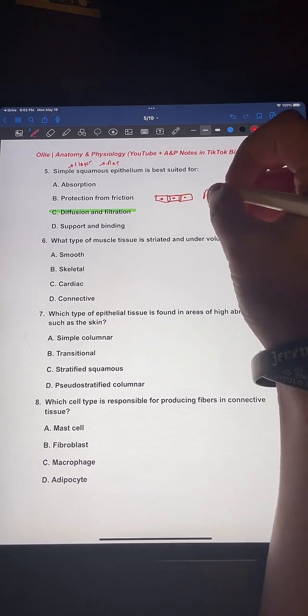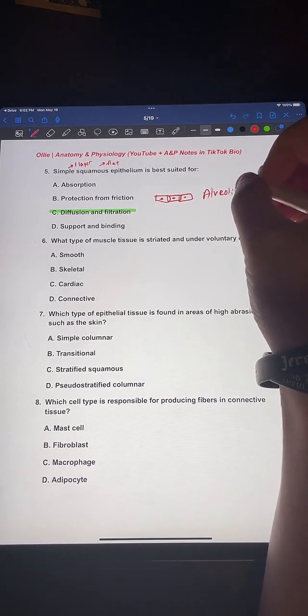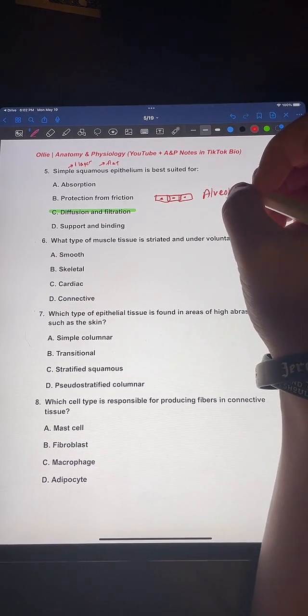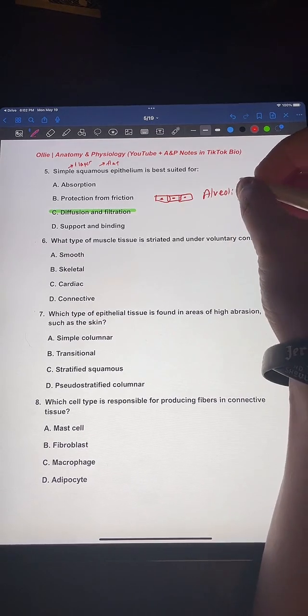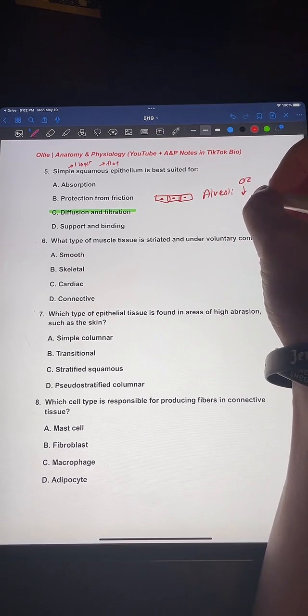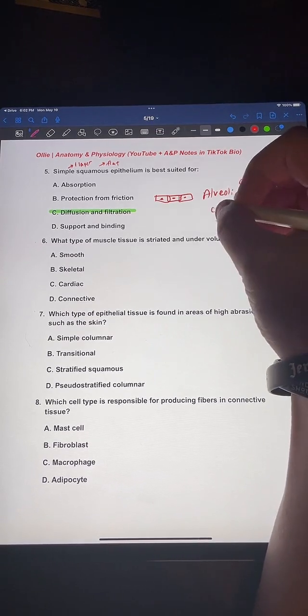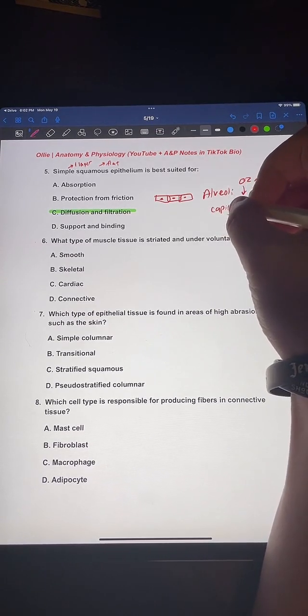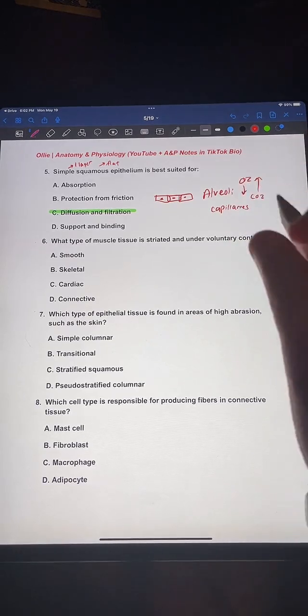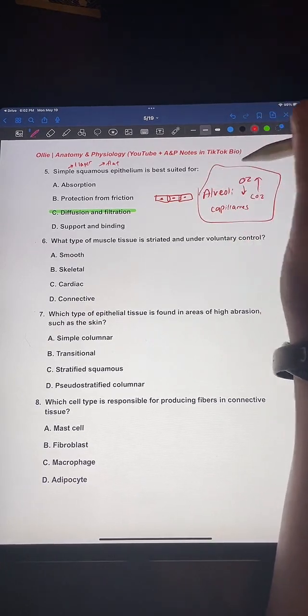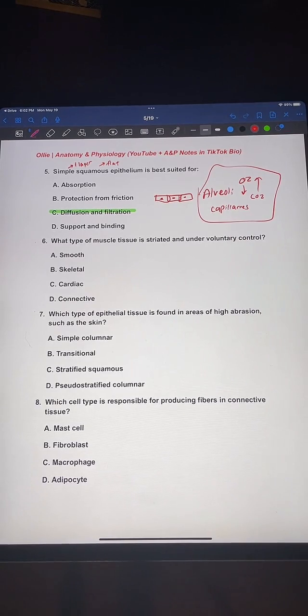A great example of that is the alveoli, where gas exchange occurs. You want your body to be able to easily diffuse and exchange oxygen and carbon dioxide, so oxygen in, CO2 out. Or your capillaries, which is where the gas exchange occurs as well, between your tissues.